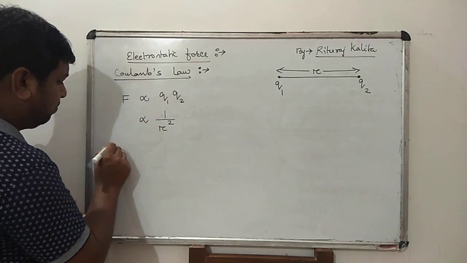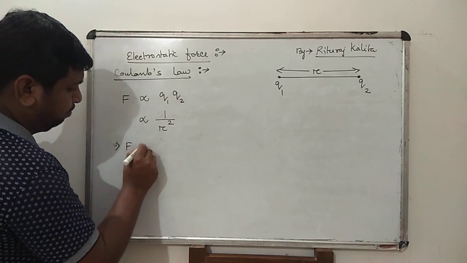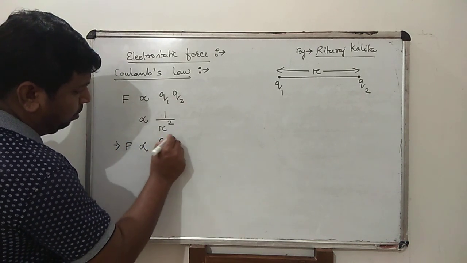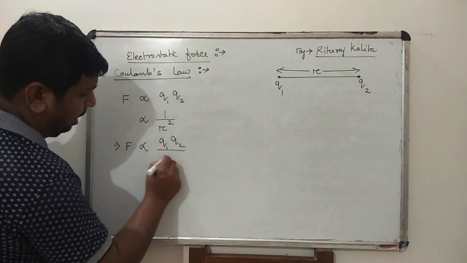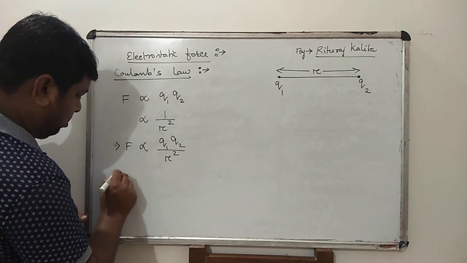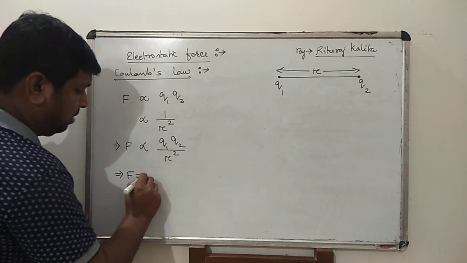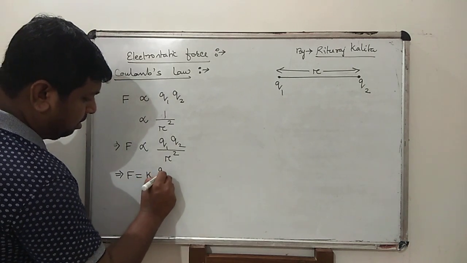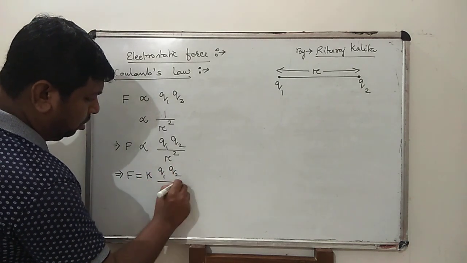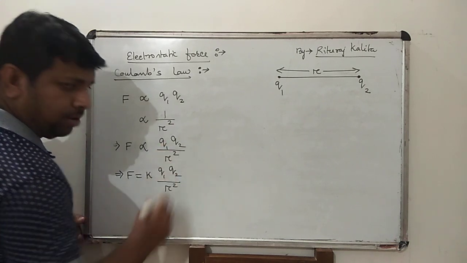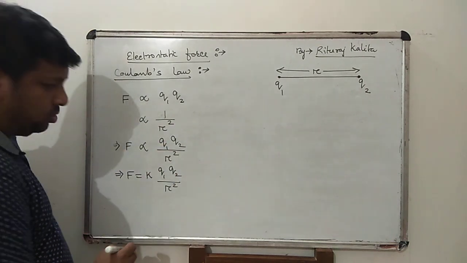So F is proportional to Q1 Q2 divided by r square. For this proportionality we introduce a constant K, so F is equal to K Q1 Q2 divided by r square, where K is Coulomb's constant.